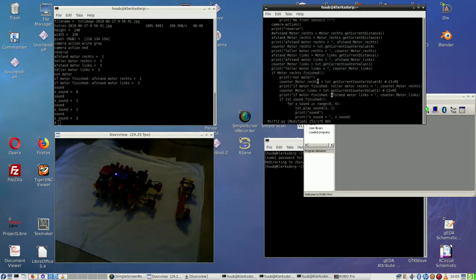And this is also then counter value. And then these two lines go on top here, because this is if motor finished.